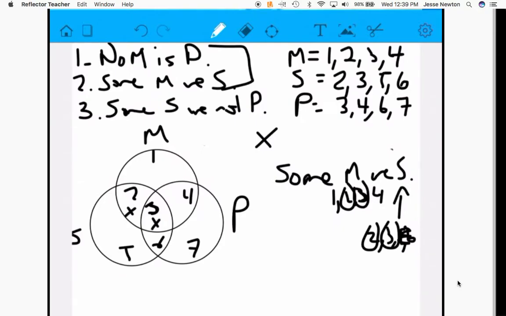Well, what we do actually when we have an X that overlaps a region is we put the X right on the line of intersection. It's kind of hard with this tablet to get everything just right, but we put it there. And what that tells us is that the proposition some M are S is true if an X is in 2 or the X is in 3.